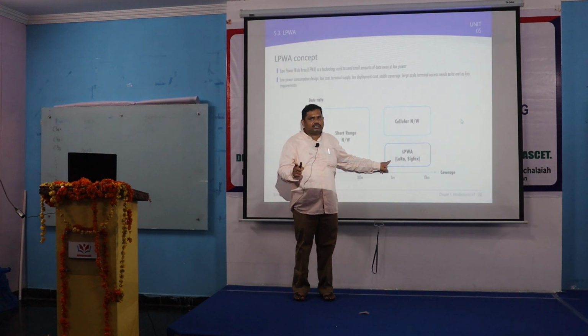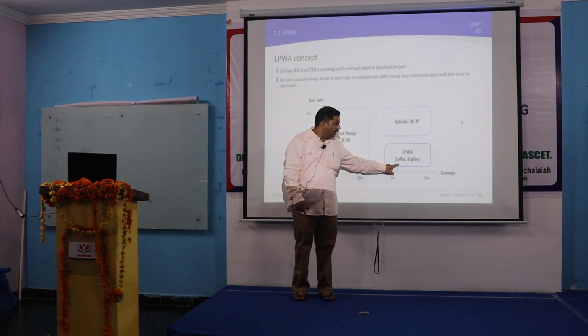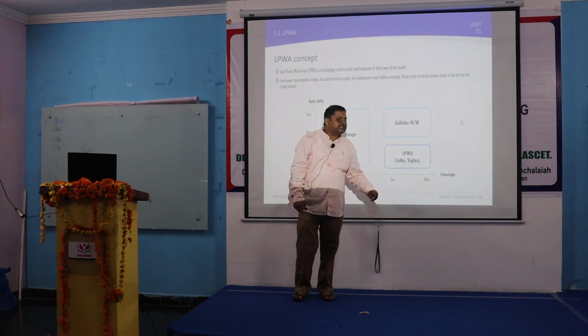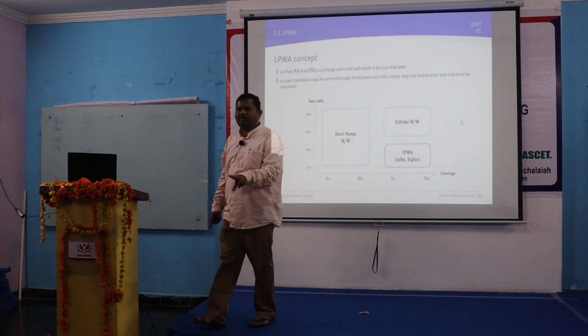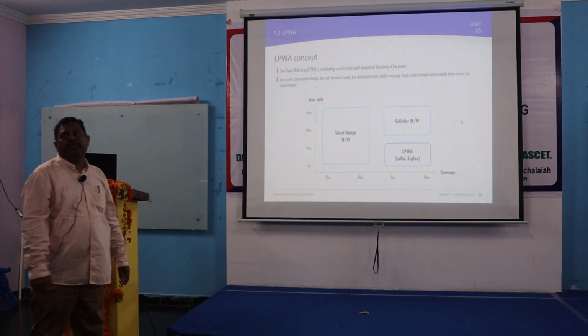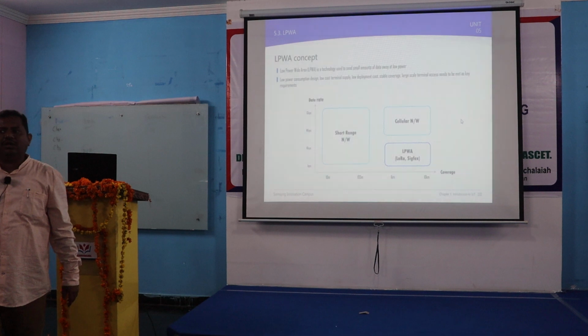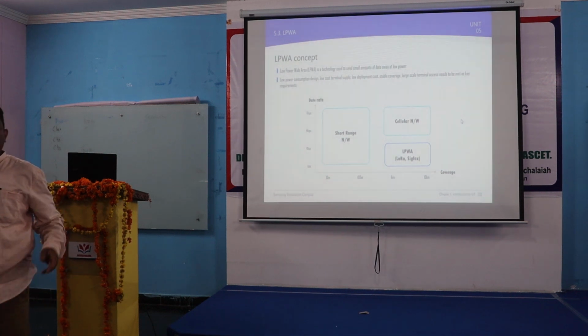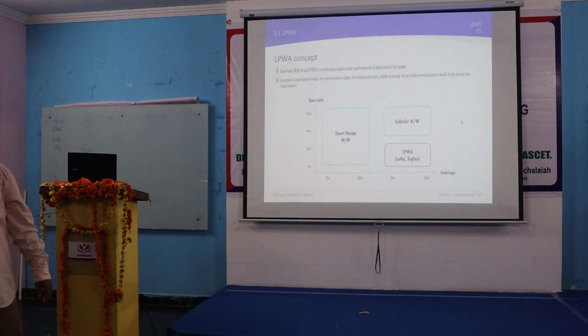There are two kinds of low power wireless technologies. One is called LoRa, long range. Another one is called Sigfox. These are the two technologies available for more than 1 kilometer up to 10 kilometers. But for cellular communication, the frequency signal cannot be used for IoT. We convert them into LoRa as well as Sigfox.